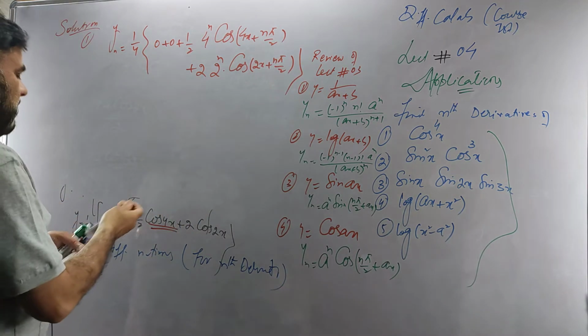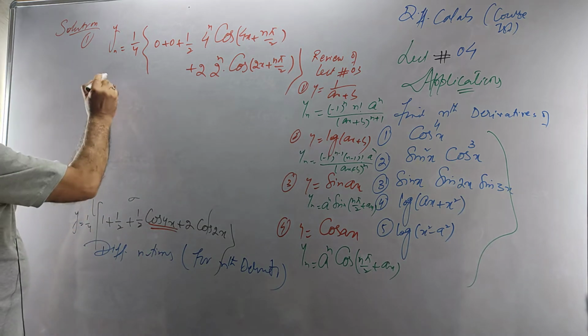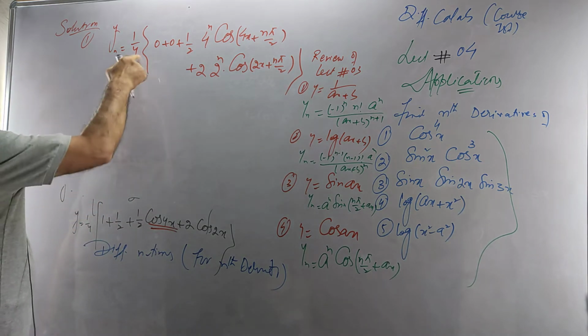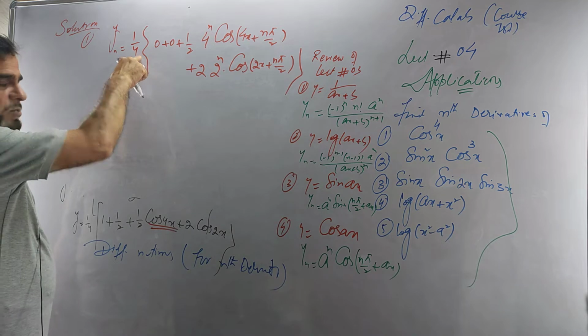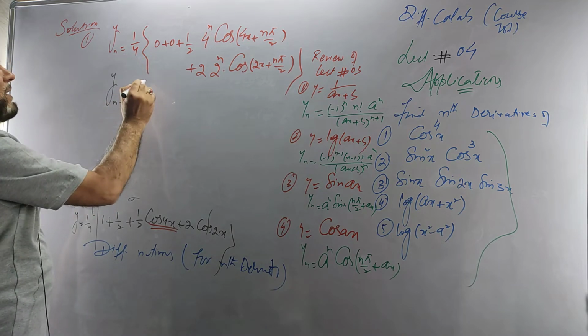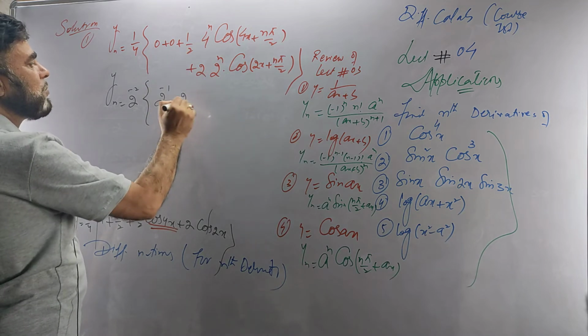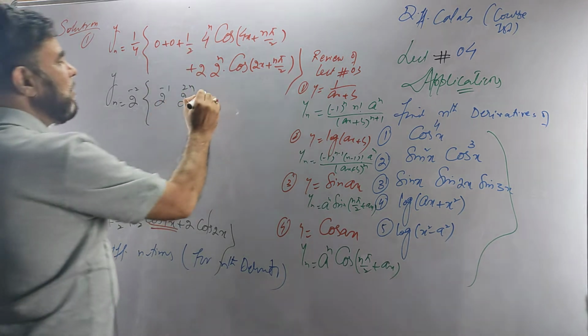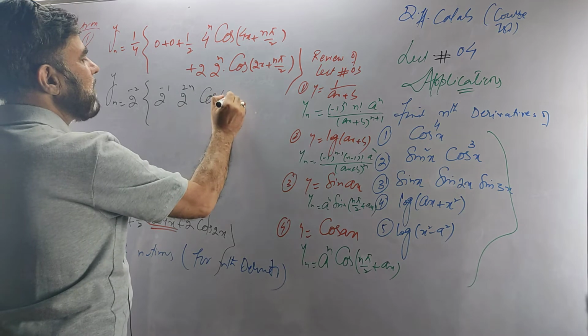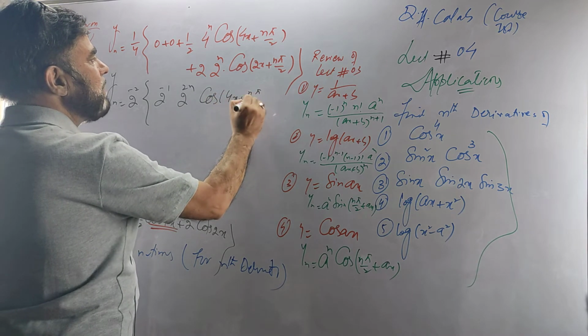Let me simplify this. yn is equal to, taking this in the numerator, 1 by 2 square, that is 2 raised to power minus 2. This is 2 raised to power minus 1, and this is 2 raised to power 2n, times cos of 4x plus n pi by 2.